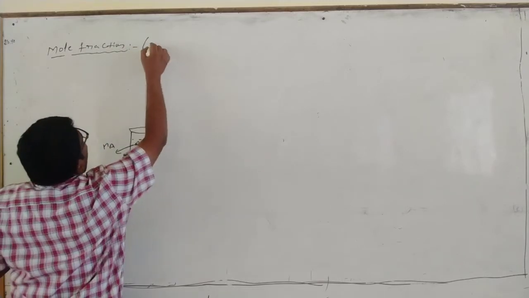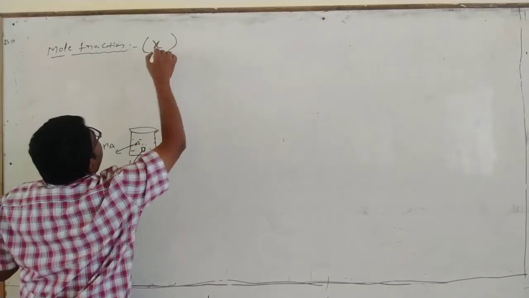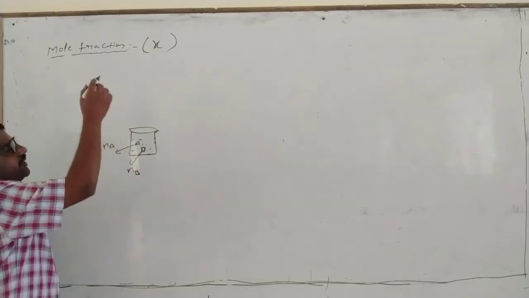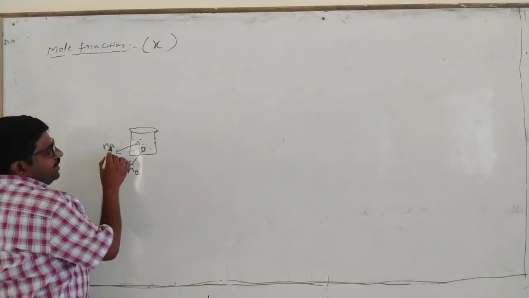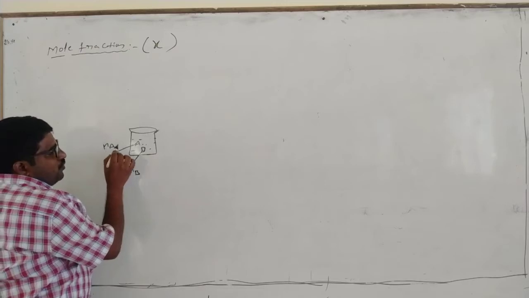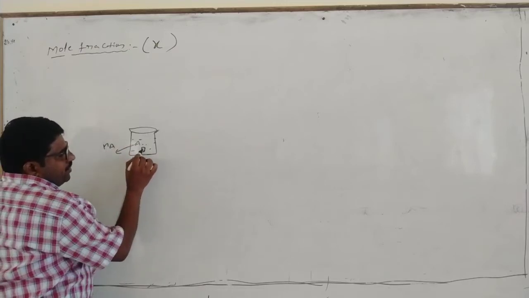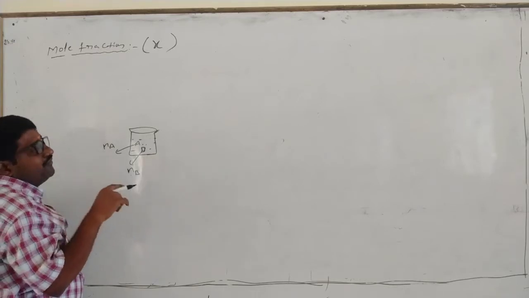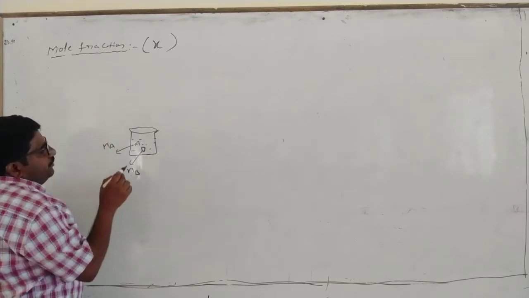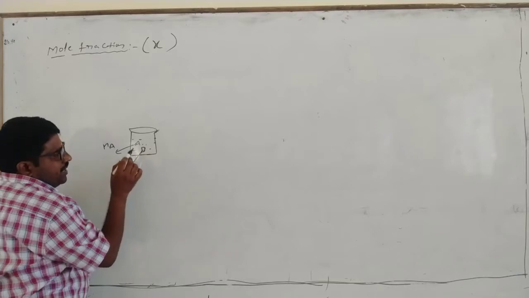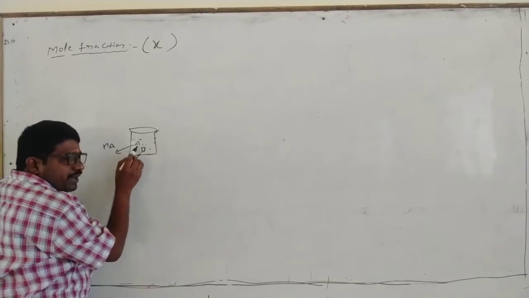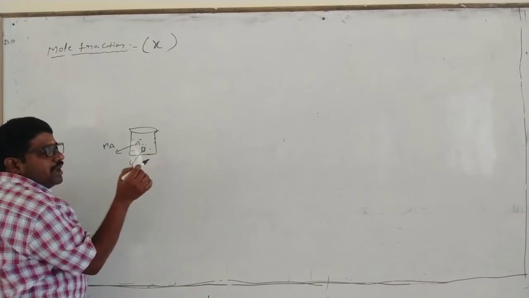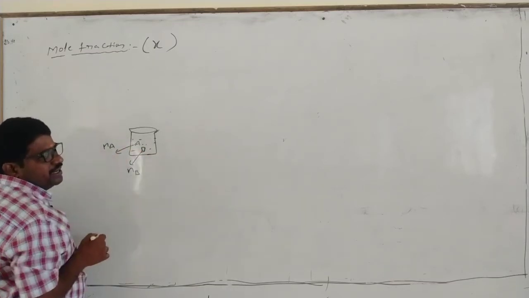It is denoted by chi. So Na is the number of moles of A, and Nb is the number of moles of B. So what is the definition of mole fraction? The ratio of the number of moles of one component, either A or B, and the number of moles of the total components.